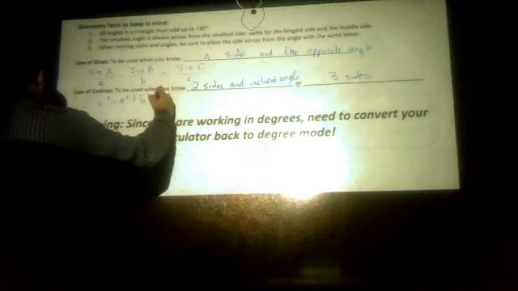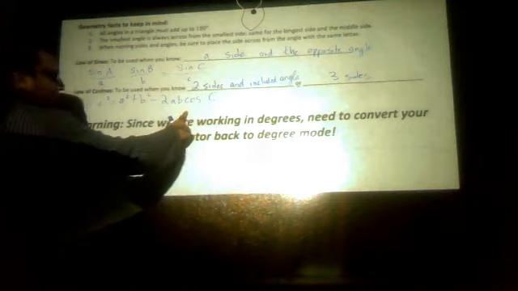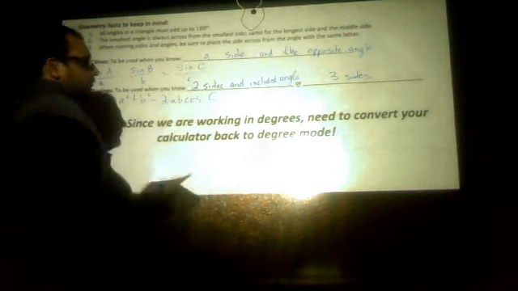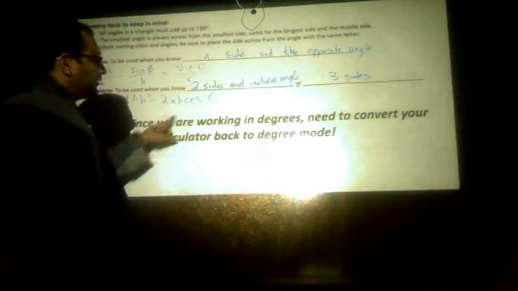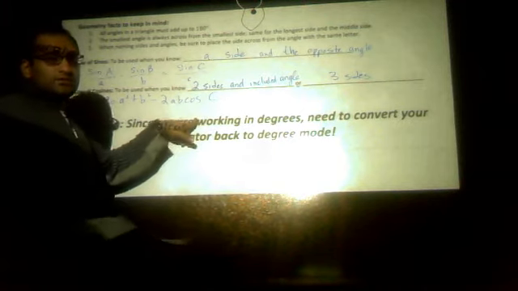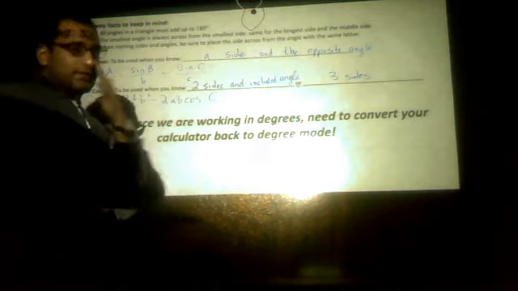C squared is equal to A squared plus B squared minus 2AB cosine of angle C. This is the big C. All the other letters are the sides. So all the other letters are small because you're talking about the side lengths, and that last letter is the angle. Whenever you take the cosine or a sine of something, you're taking it of an angle.